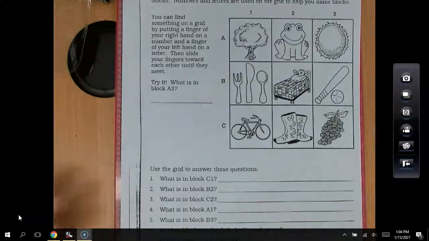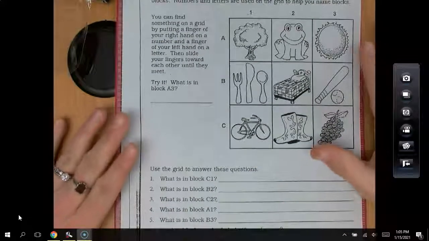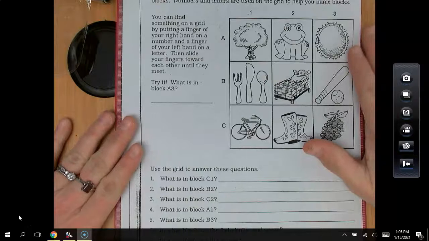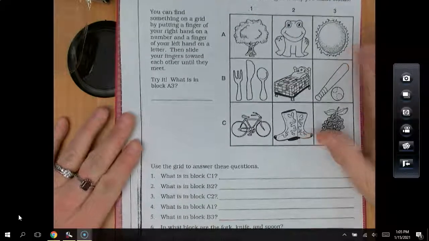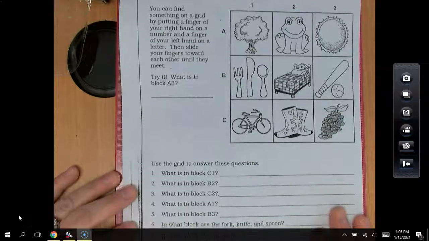Okay, boys and girls, you just finished the lesson on math grids, and you're going to now go ahead and complete the assessment. Before you do, I wanted to show you what your assessment is going to look like. It looks like this, okay?